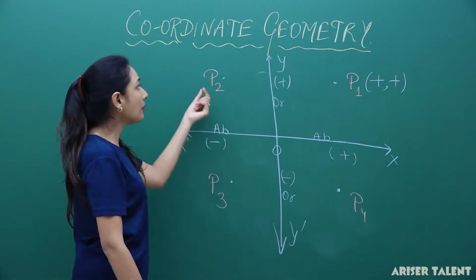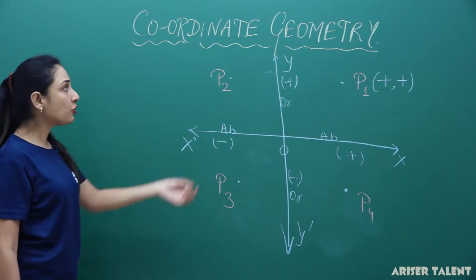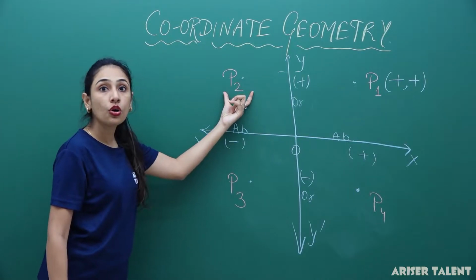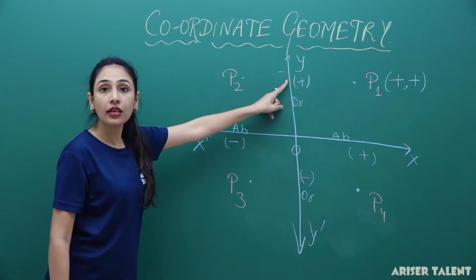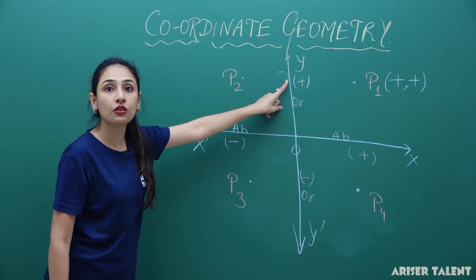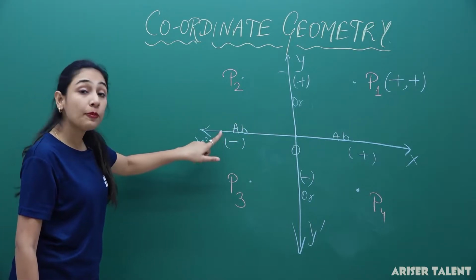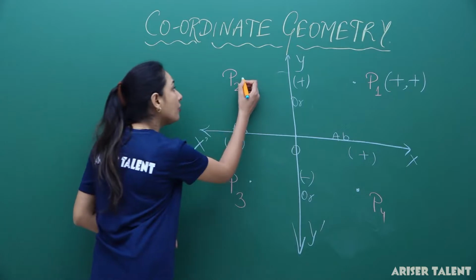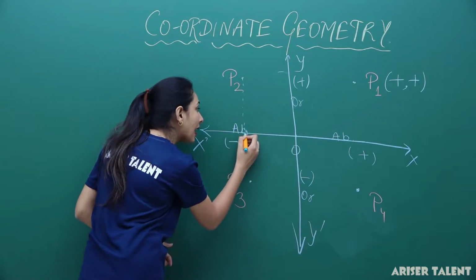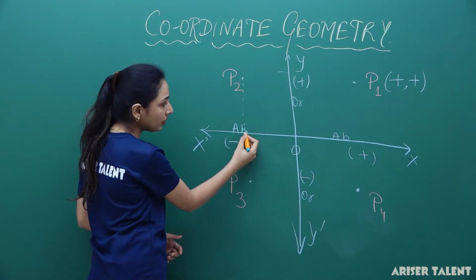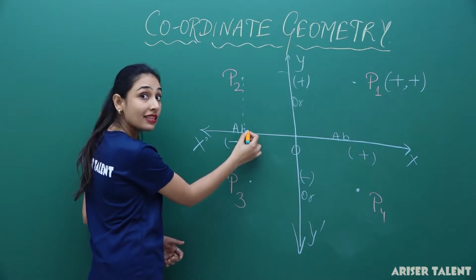Correct? Now, come to this P2. If I'm talking about this P2, look here. This is the ordinate, which is positive. But this is the abscissa. Now, if I draw these lines, this will lie on this X dash axis.